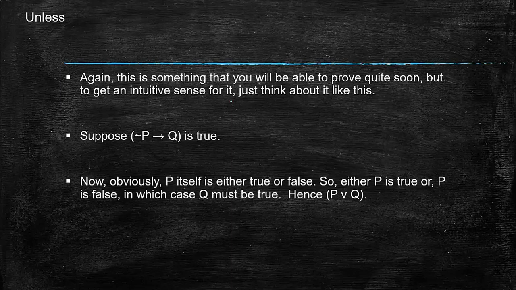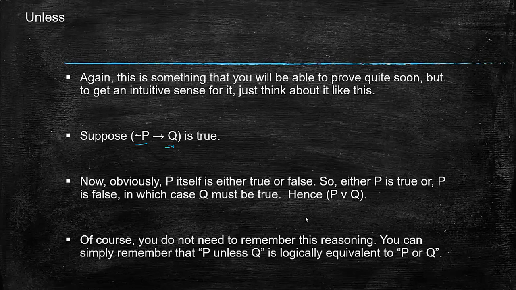Now, obviously, P itself is either true or it is false. Well, what this means is that either P is true or P is false. In other words, not P is true, which implies Q, right? So either P is true or P is false, in which case Q must be true. Hence, P or not P, which implies Q, P or Q.